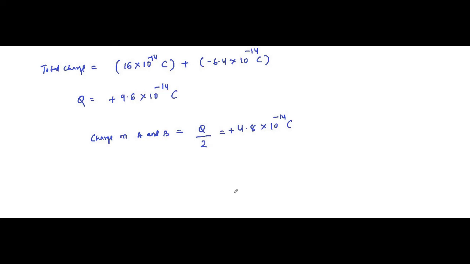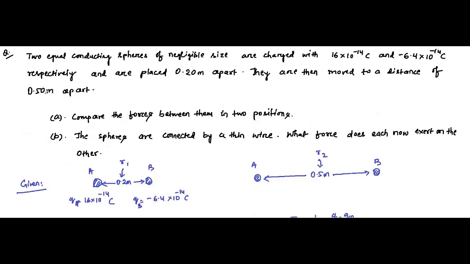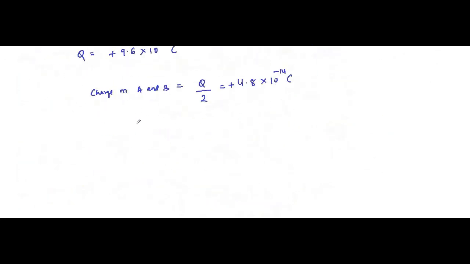So now they have been moved to a distance of 0.5 meter. The diagram will be like this: charge A, 0.5 meter, charge B. Charge on each is 4.8 into 10 to the power minus 14 coulomb.